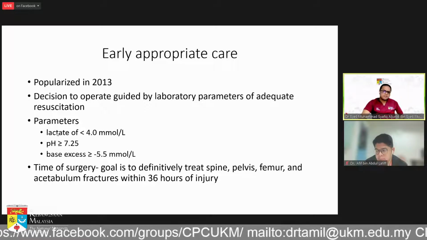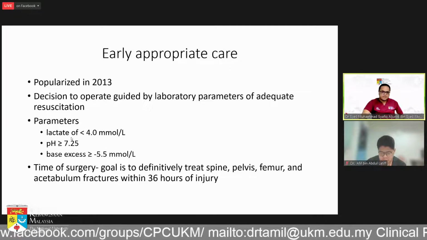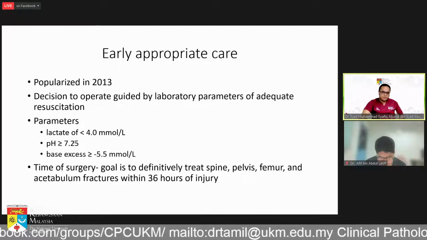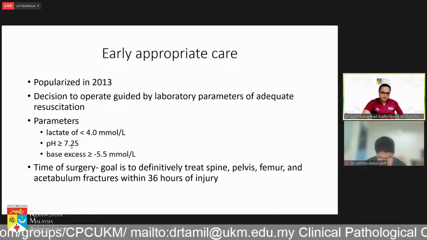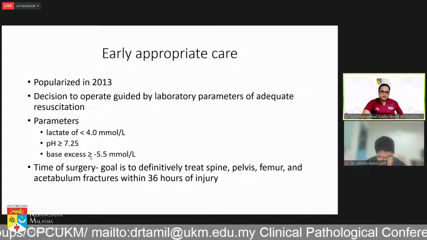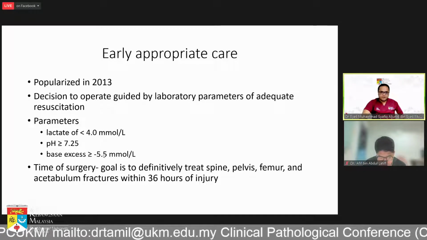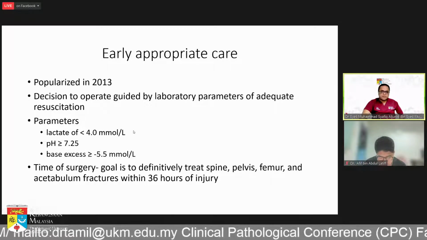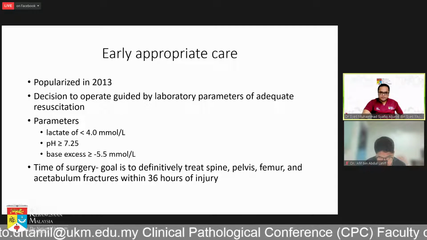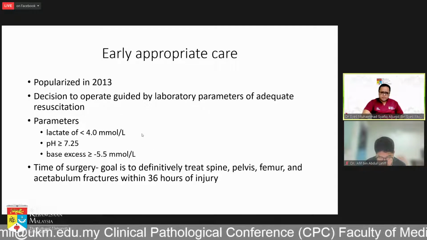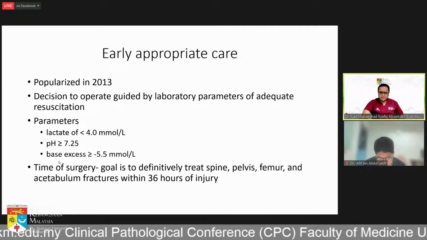Namely these 3 parameters: lactate less than 4, pH more than 7.25, and base excess more than -5.5. If these parameters are met after adequate resuscitation, the time of surgery can be lessened.